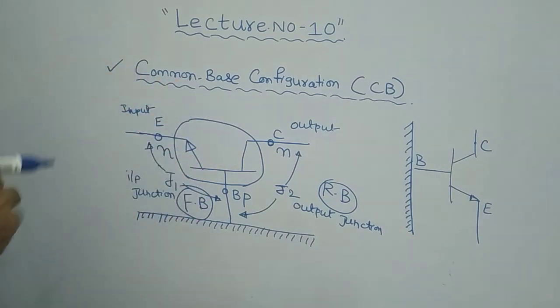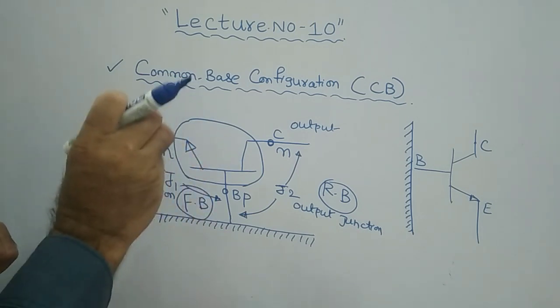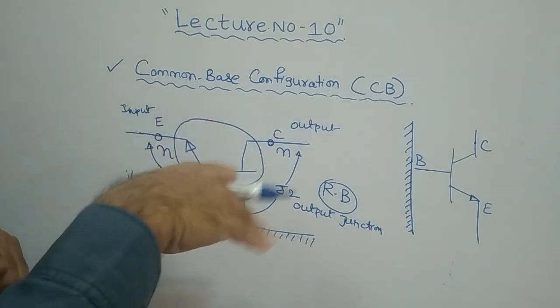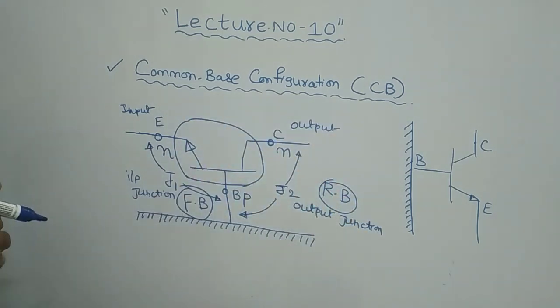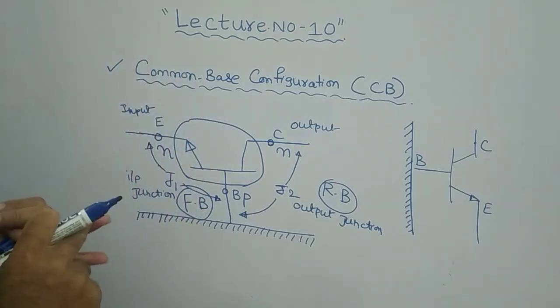As far as the amplifier is concerned, only the CB and CE configurations will be used. Common collector will not be used in an amplifier, but that can be used for some other purpose that I will explain you later. Therefore, you must focus on CB and CE only.